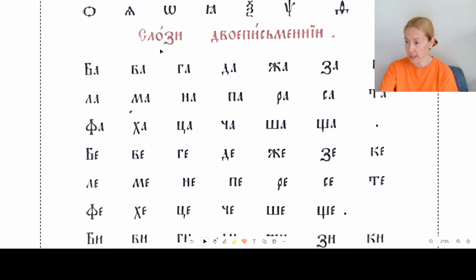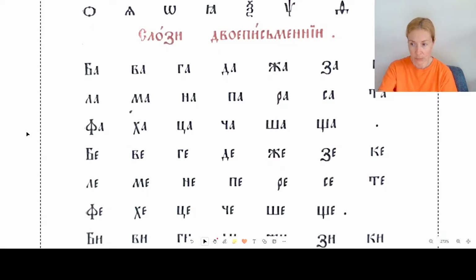So слози means syllables. Двоеписьменные: двое means two, письменные means lettered. So yes, two-lettered syllables, or syllables with two letters.